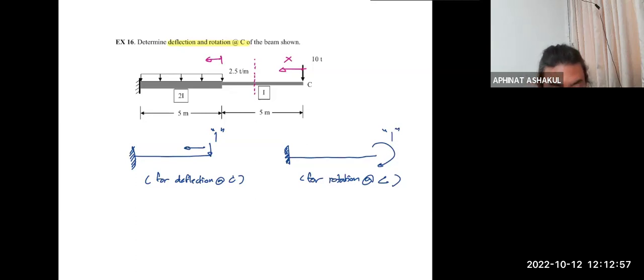But if in the actual load case you decide to write another equation using the reference x here, you will have to use the same reference in your virtual load case as well.